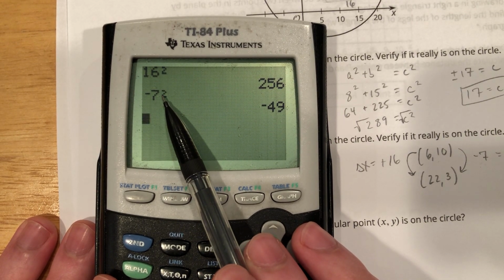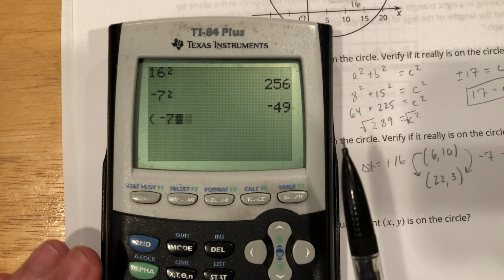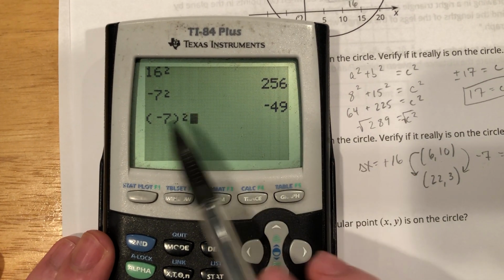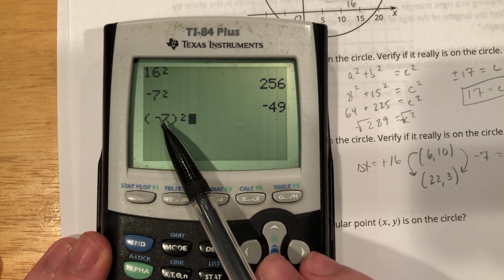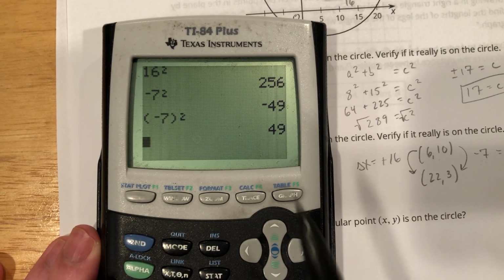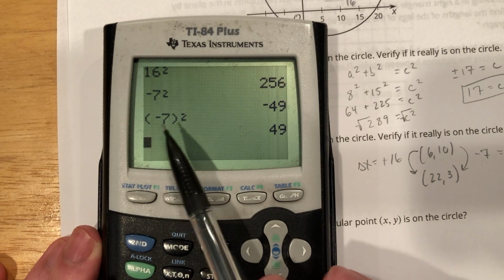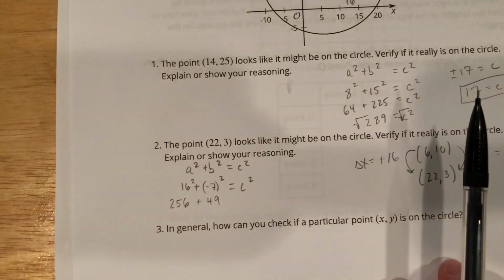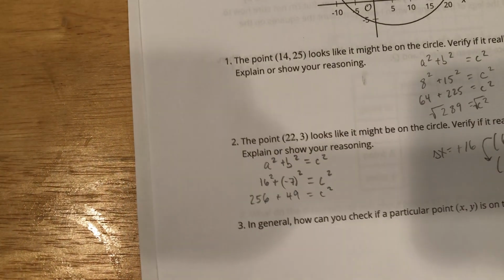So it's doing 7 squared and then making it negative. If I put parentheses around negative 7, I'm squaring all of this. I'm squaring negative 7. So this is doing negative 7 times negative 7, and then I'm going to get positive 49. So it's very important when you're squaring numbers that you put parentheses around them, especially if they're negative. So here we go. 256 plus 49.